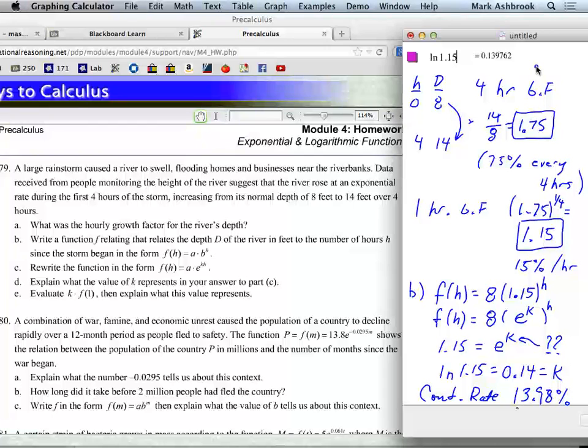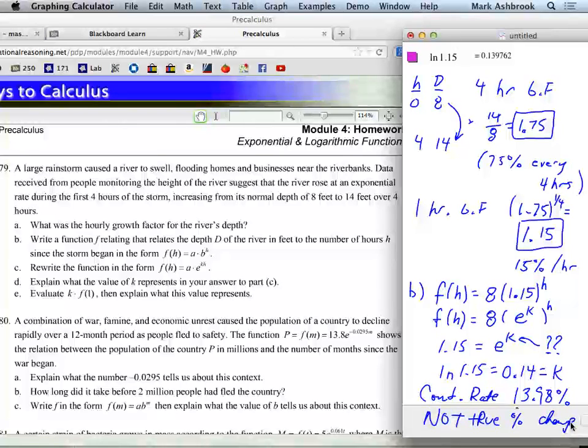Is that right? No, the continuous rate is not the true percent change. We said it last week a couple times, or lots of times. You've got to get this. This has got to sink in. The continuous rate, this e to the k thing, this k, is not the true percent change.